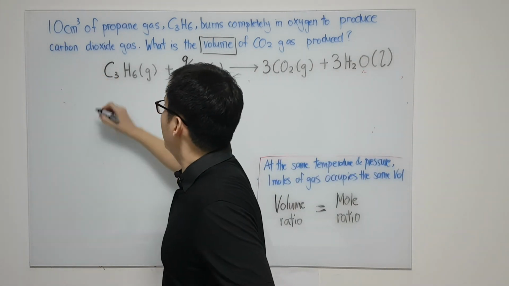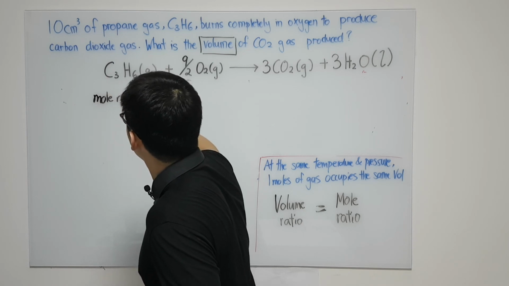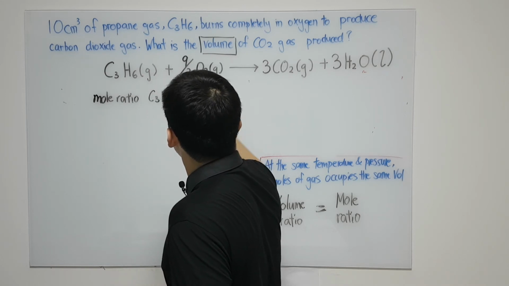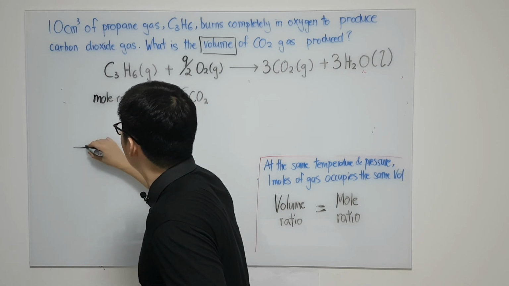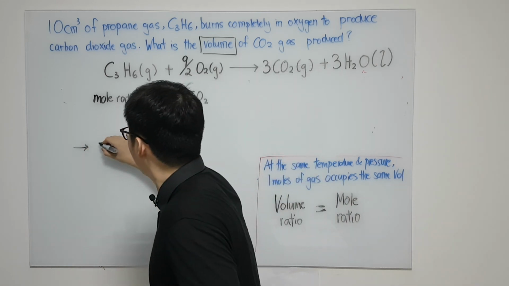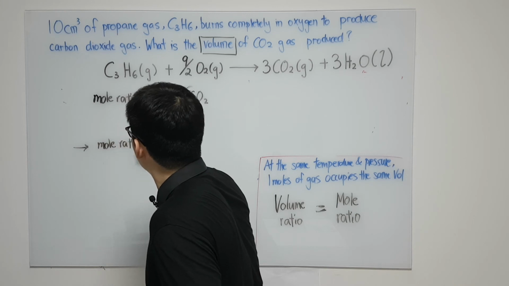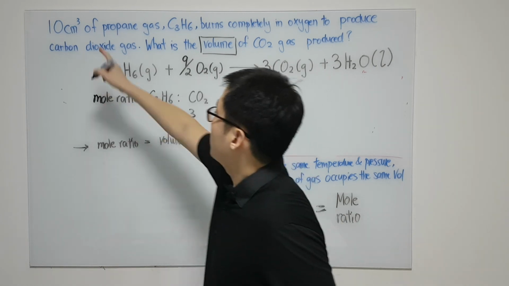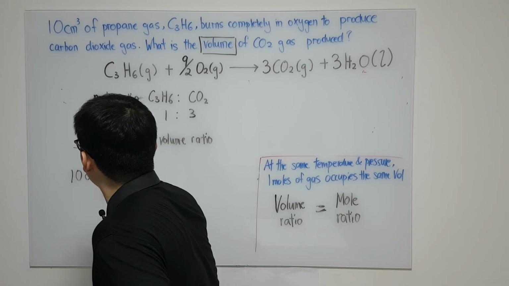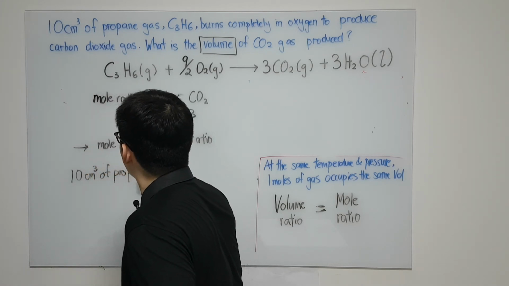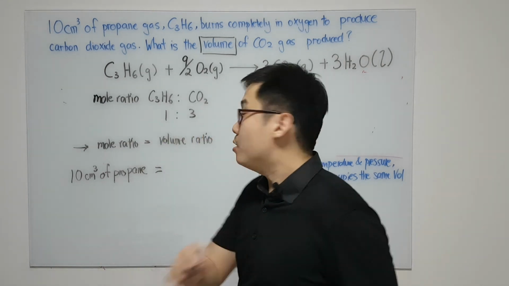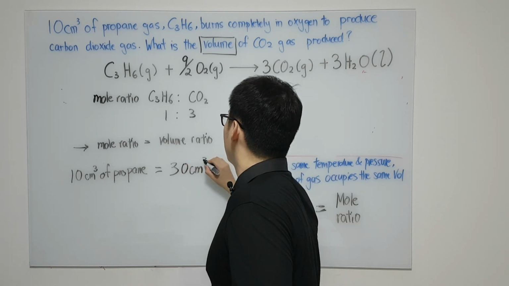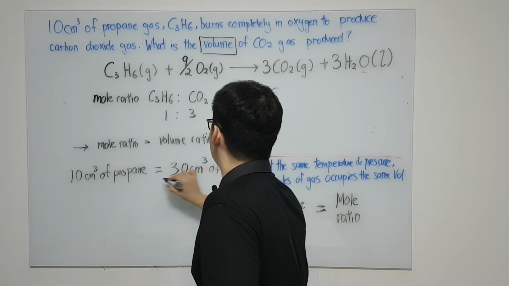Well, since I know that the mole ratio of my propane to my CO2 is 1:3, that simply means that because the mole ratio is equal to the volume ratio, for 10 cm cube of propane gas, I am going to get straight away 10 times 3, which becomes 30 cm cube of CO2.